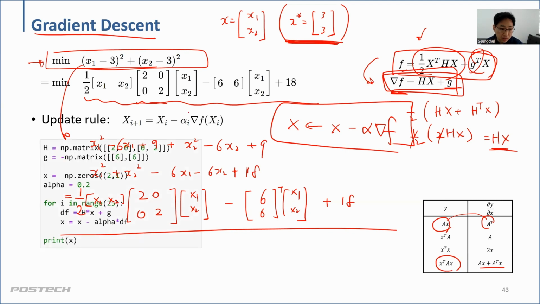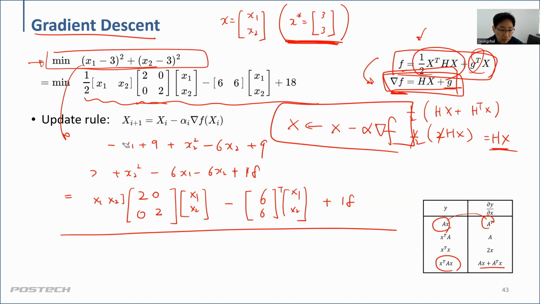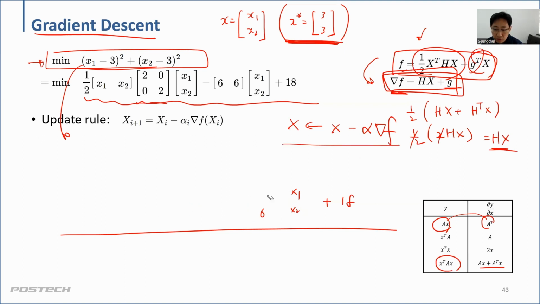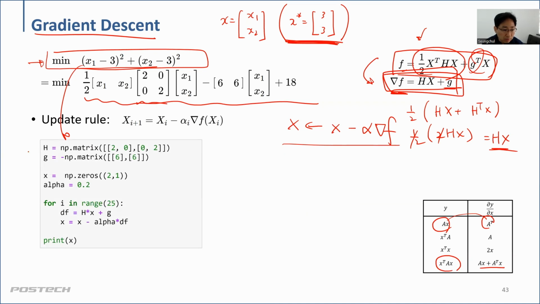Here, what I want to show you is how to program the gradient descent, or this update rule, in Python. So we define H and G over there.